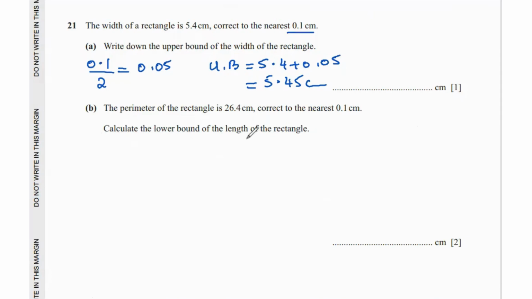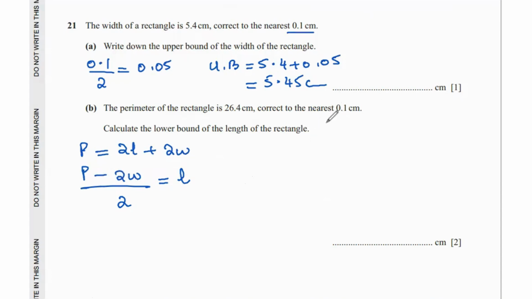Then the perimeter of the same rectangle is 26.4 centimeters, correct to the nearest 0.1 centimeters. We have to calculate the lower bound of the length of the rectangle. So perimeter is 2 times length plus 2 times the width. Since we're trying to find the length, that's going to be perimeter minus 2 times width, divided by 2. So as you can see, we're finding the difference for the length.